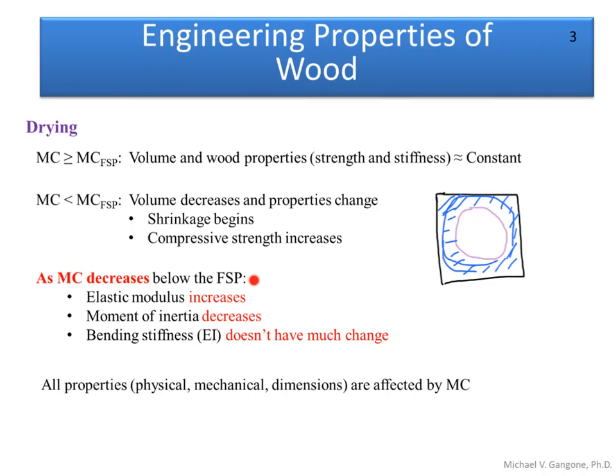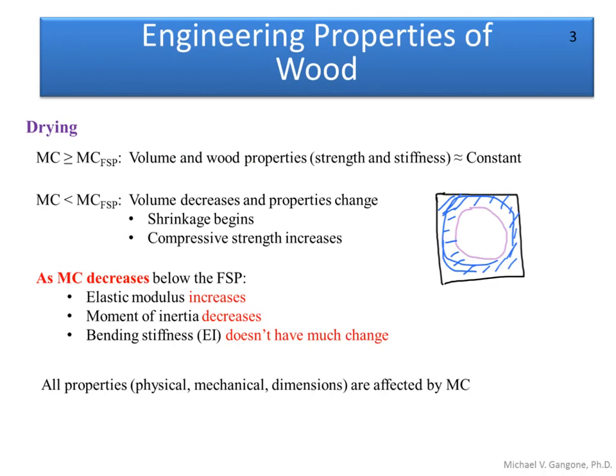So as the moisture content decreases below the fiber saturation point, say from 25 to 20%, or 25 to 10%, or even from 20% to 10%, the elastic modulus will increase and the moment of inertia will decrease because the wood is shrinking.